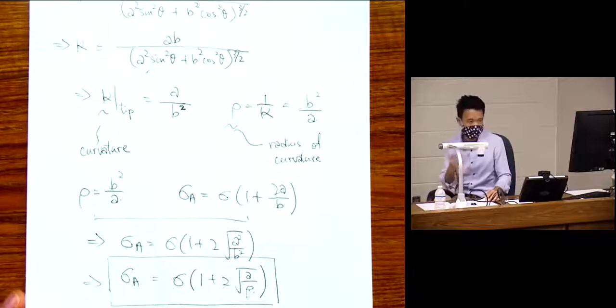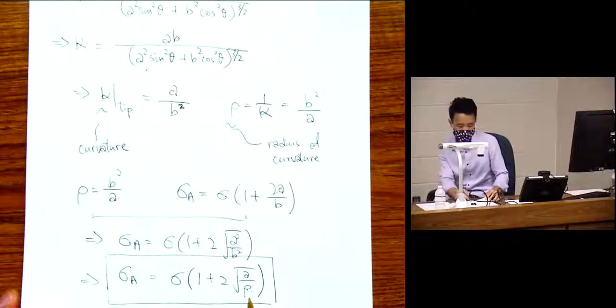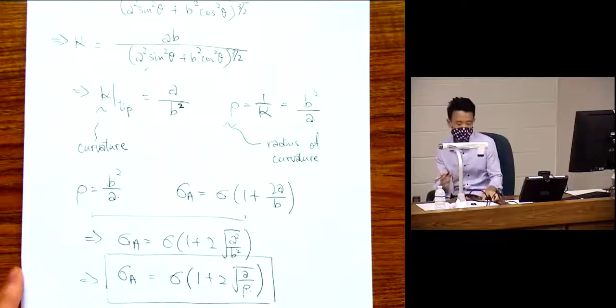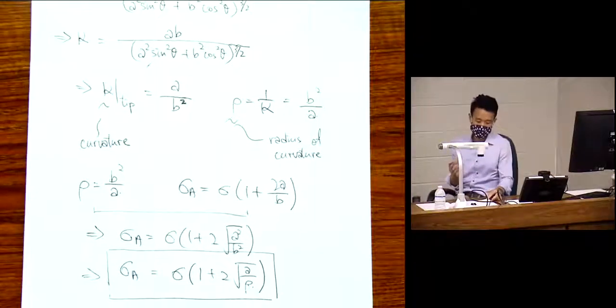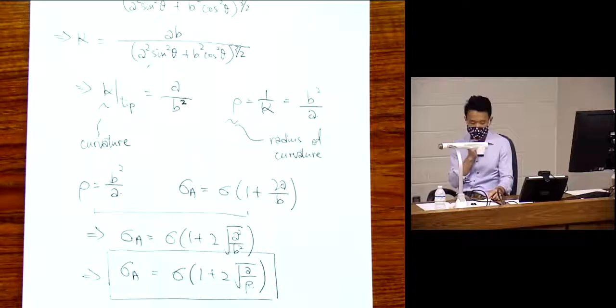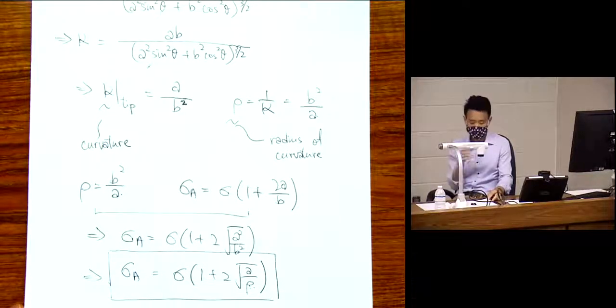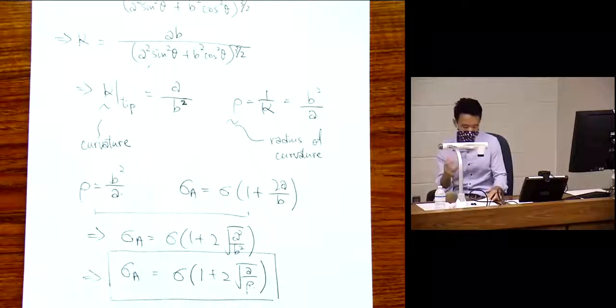We will prove it to be true later on. But we want to bypass that atomically sharp crack. As rho goes to 0, the stress goes to infinity. We want to be able to bypass this inaccuracy in the solution. And so later on, we're going to introduce a different approach to circumvent this difficulty.